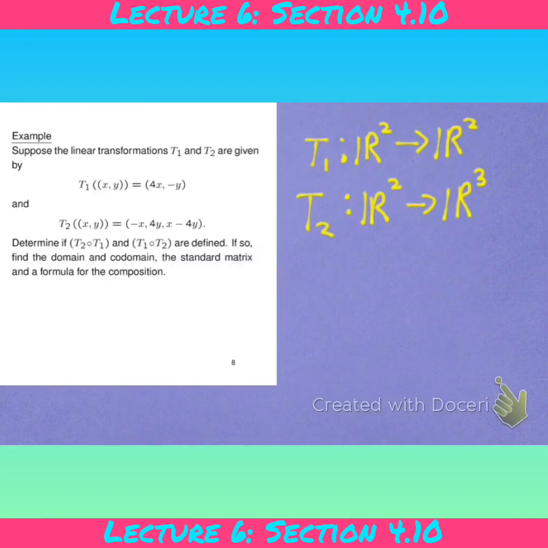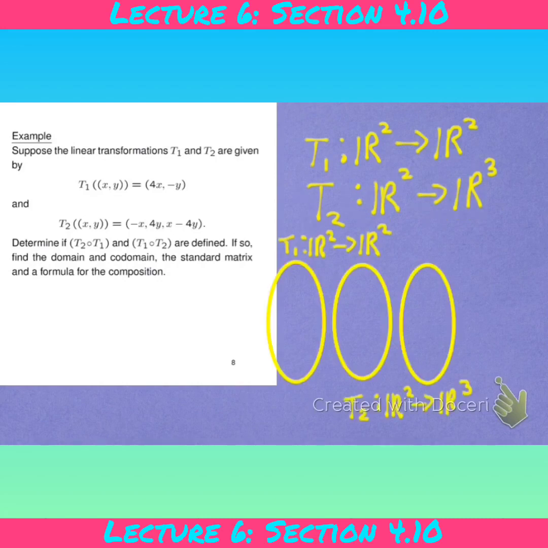So observe that T1 maps points in R2 to points in R2, and T2 maps points in R2 to points in R3. You can just look at the diagram there. You can clearly see that T1 maps a point in R2 to R2, and then T2 goes.